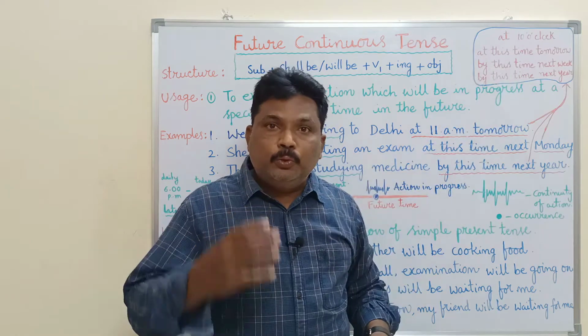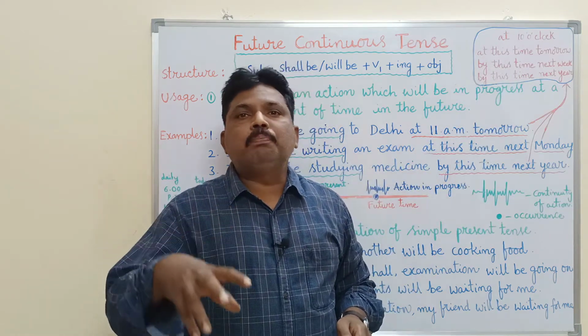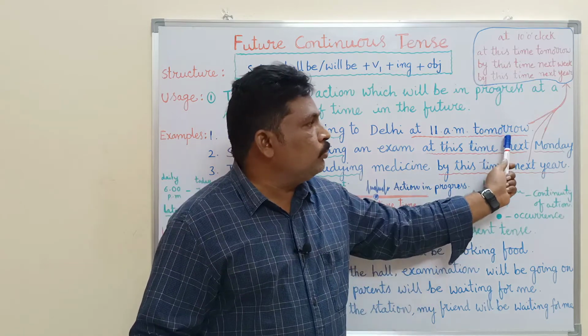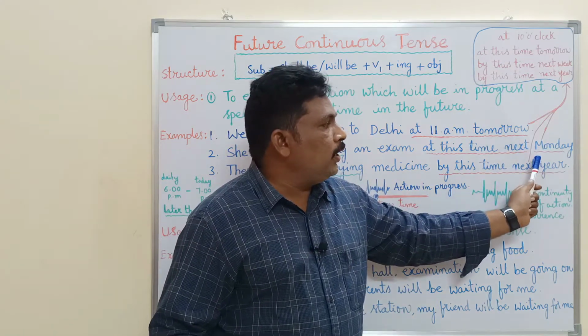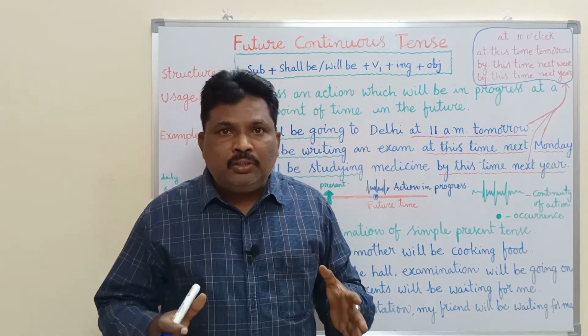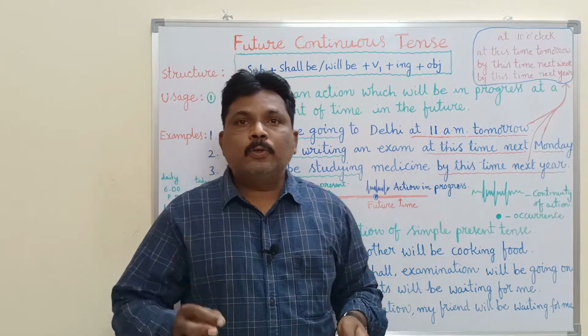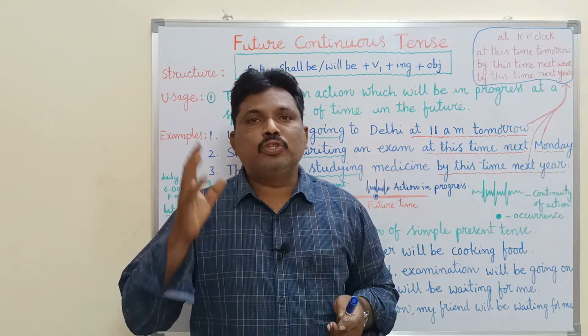So you can use a specific point of time plus simple future time indicators like tomorrow, next week, next Monday, next year, next summer, and so on. So in this tense we find these time indicators, so we can say this is a future continuous tense.